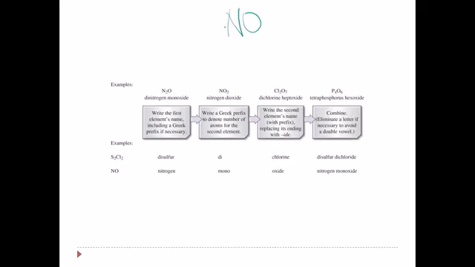A more familiar example is CO2. We don't call this monocarbon dioxide, it's just carbon dioxide. So if for the first element there's just one atom of that type, we exclude the prefix mono. This is carbon dioxide.